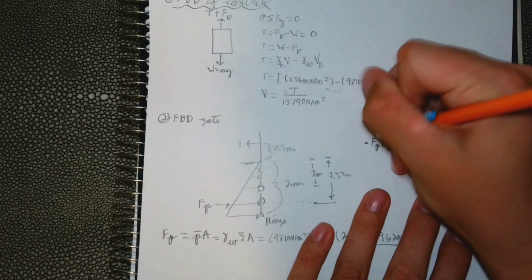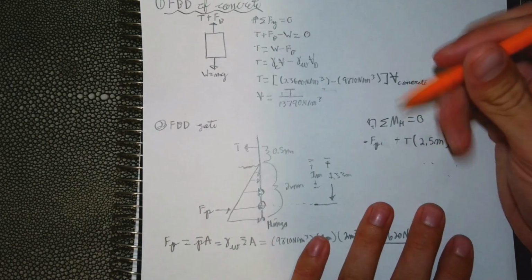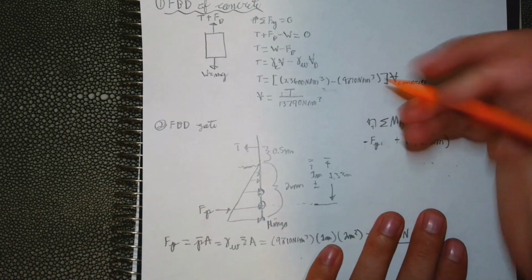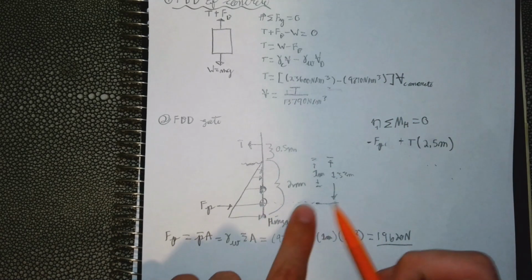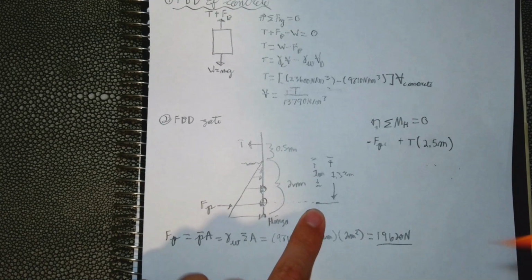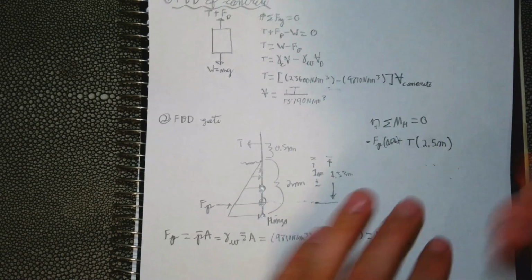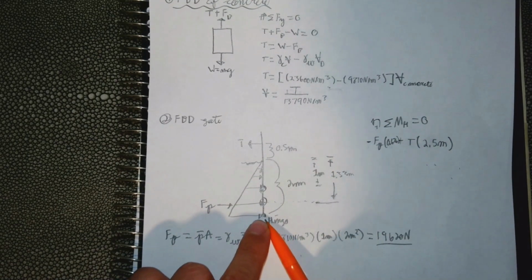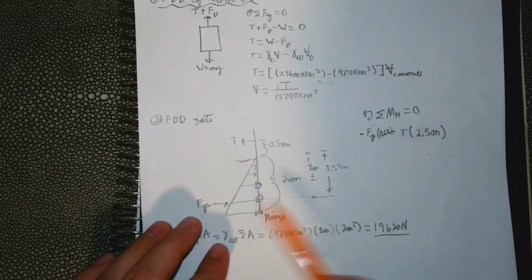I'm gonna go ahead and fill this in too. I don't know why I didn't do that earlier. This is from here to here, so let's see, 1.33, so we got 0.67 meters. So all I was doing is trying to find the distance from here to here to find that perpendicular distance of the pressure force.